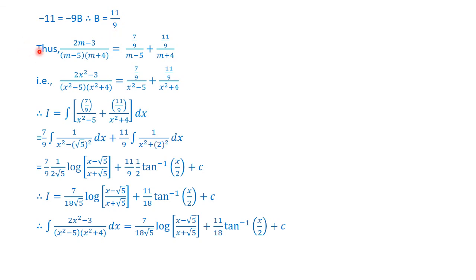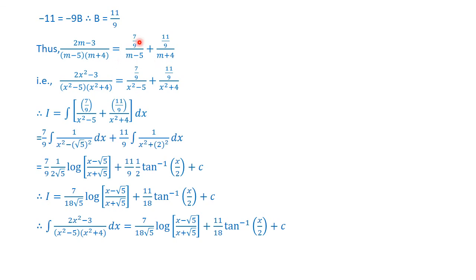Thus (2m minus 3) by (m minus 5)(m plus 4) is equal to 7 by 9, the value of A, upon m minus 5, plus 11 by 9 by m plus 4.